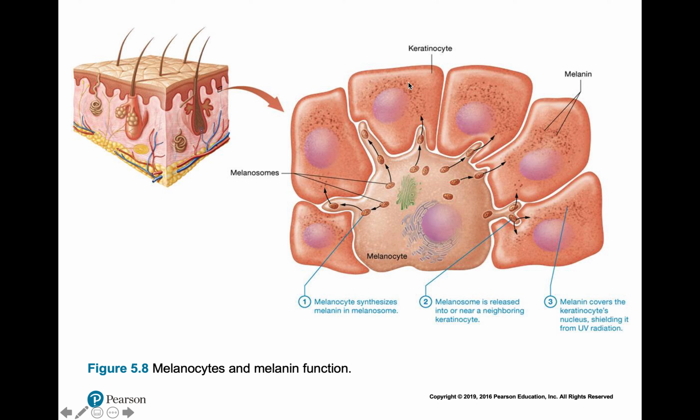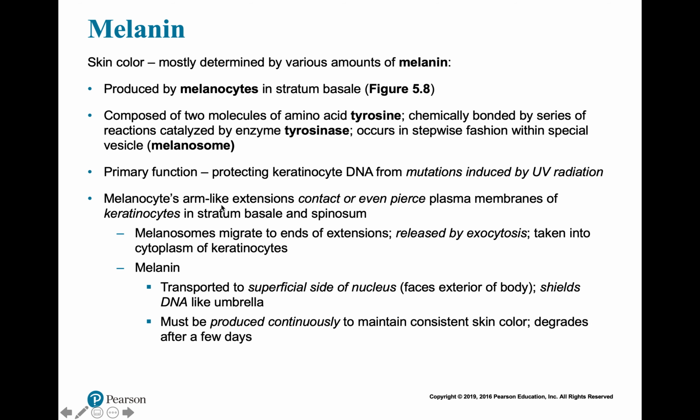The melanin pigment molecules will absorb UV radiation, hopefully enough of it that it won't mutate the DNA of the keratinocyte. Again, the primary function of melanin is to protect keratinocyte DNA from possible mutations induced by UV radiation. The melanin will be present on the superficial side of the nucleus, which faces the exterior of the body and is more prone to UV radiation exposure.